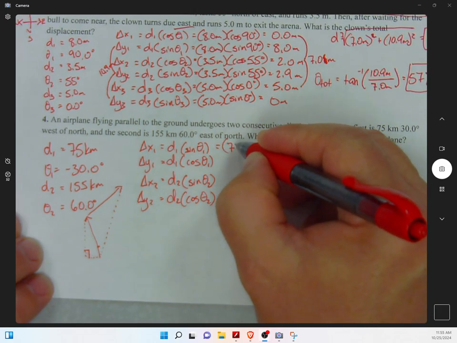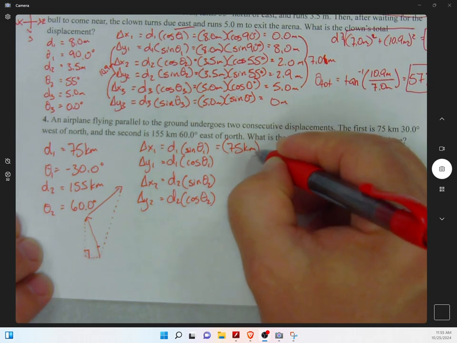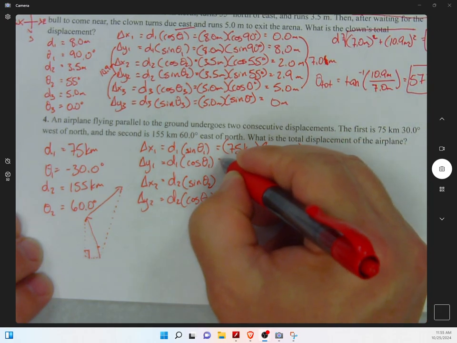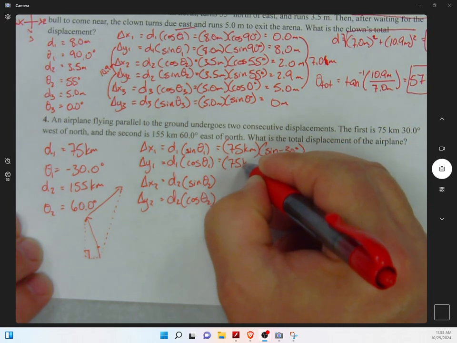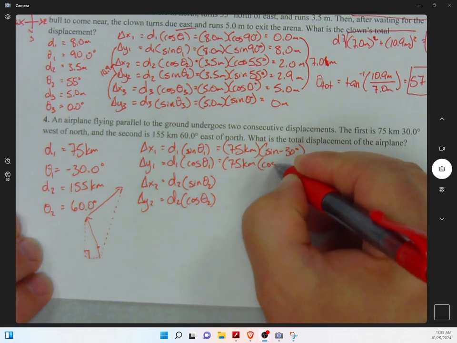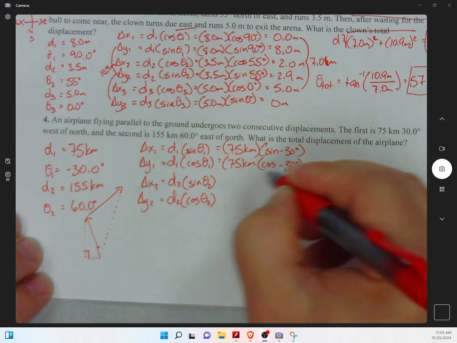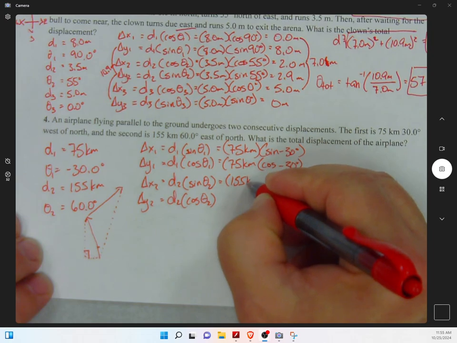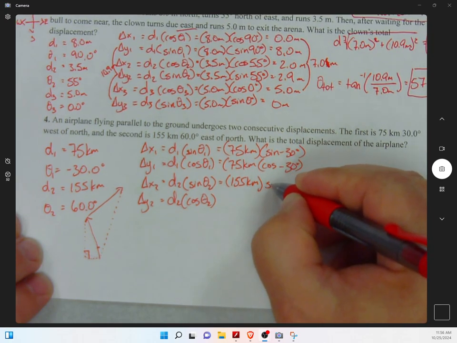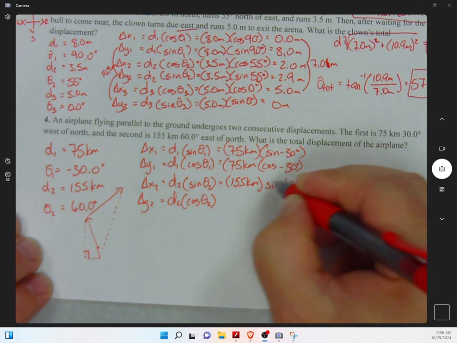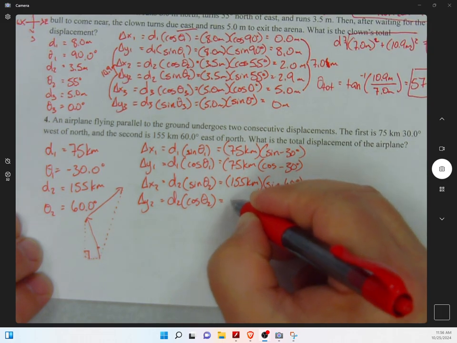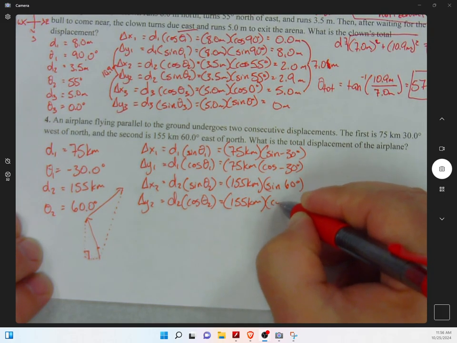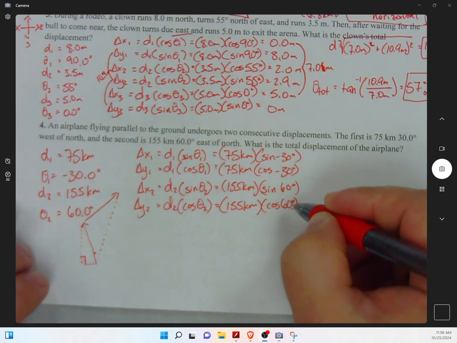So it's 75 kilometers sine of negative 30 degrees, 75 kilometers cosine negative 30 degrees. Then what's our second one? 155 kilometers times the sine of 60 degrees, 155 kilometers times the cosine of 60 degrees.